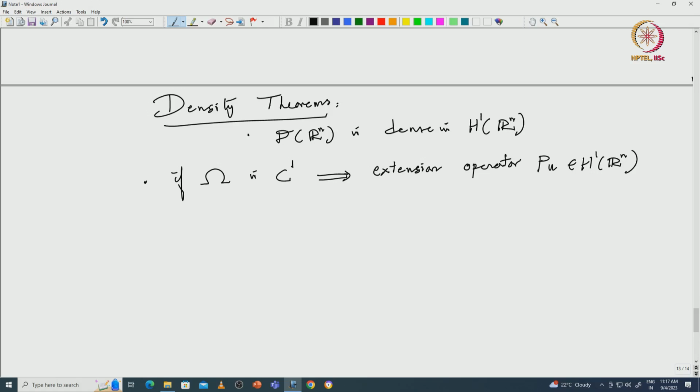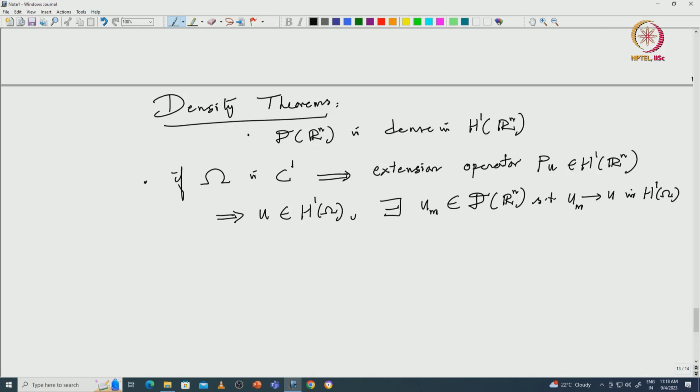For this you need omega to be smooth. So, if u is in H1 of omega, then there exists u_m, not in D of omega, but in D of Rn restricted to omega, such that u_m converges to u in H1 of omega.